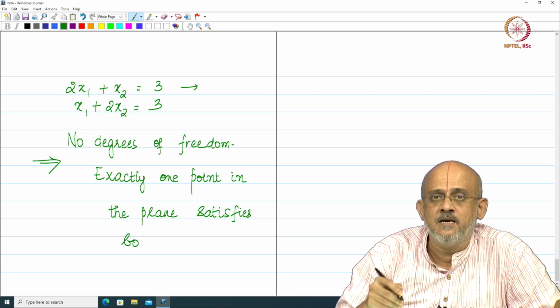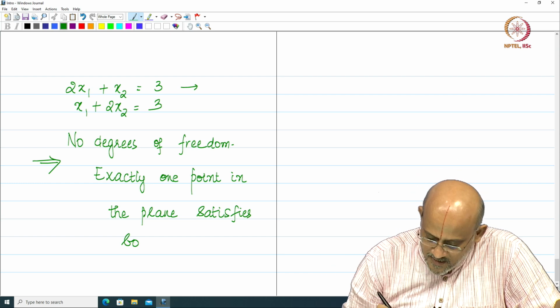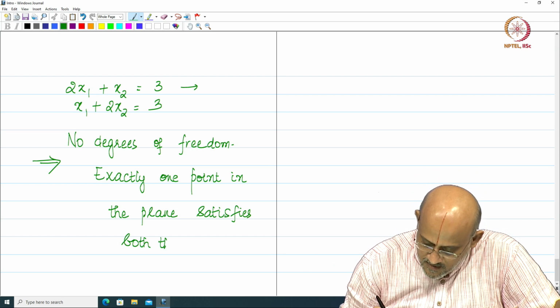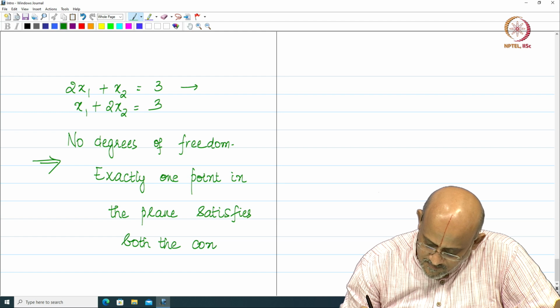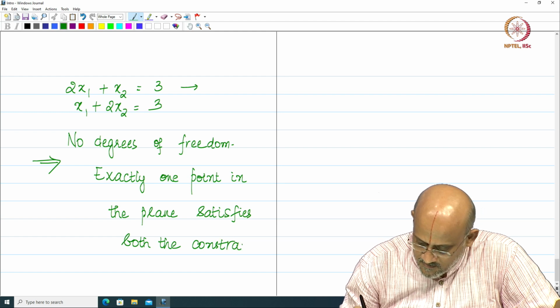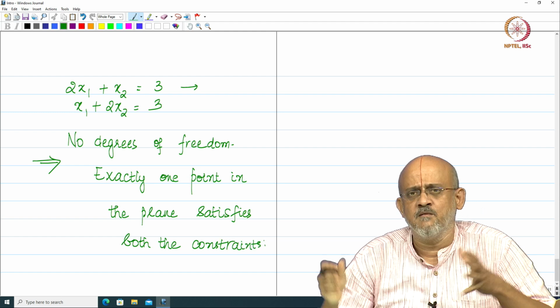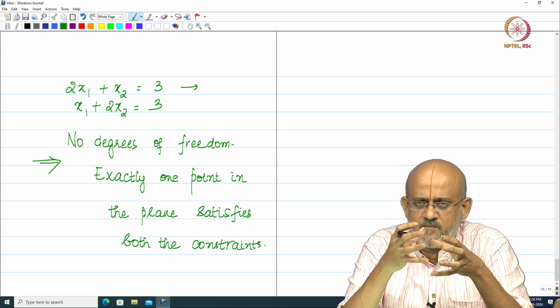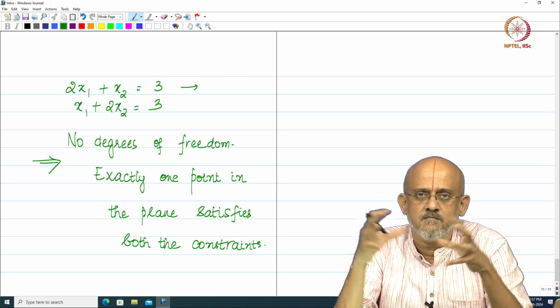So, you can look at the two equations to be two constraints. It is like saying it is a tightly filled box kind of, right, that is the kind of thing that we are looking at.